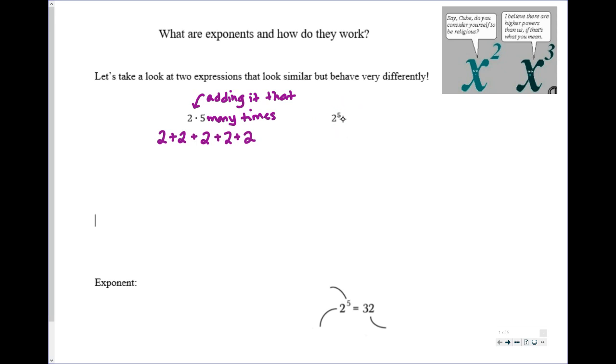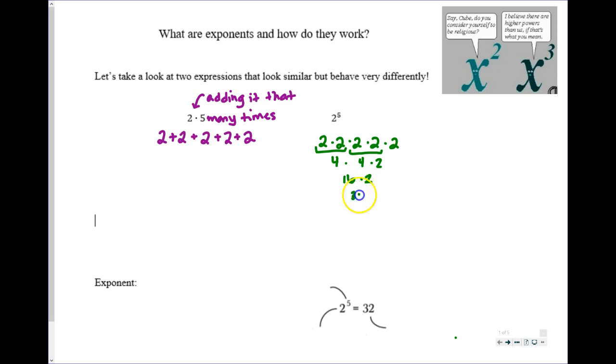Well, 2 to the 5th power is not saying 2 times 5. 2 to the 5th power is now saying that we want to multiply the number 2 5 times. So now instead of adding 2 5 different times, we're actually multiplying 2 5 times, which is definitely not 10, right? If I do 2 times 2, I get 4. The other 2 times 2, I get 4. 4 times 4 is 16.